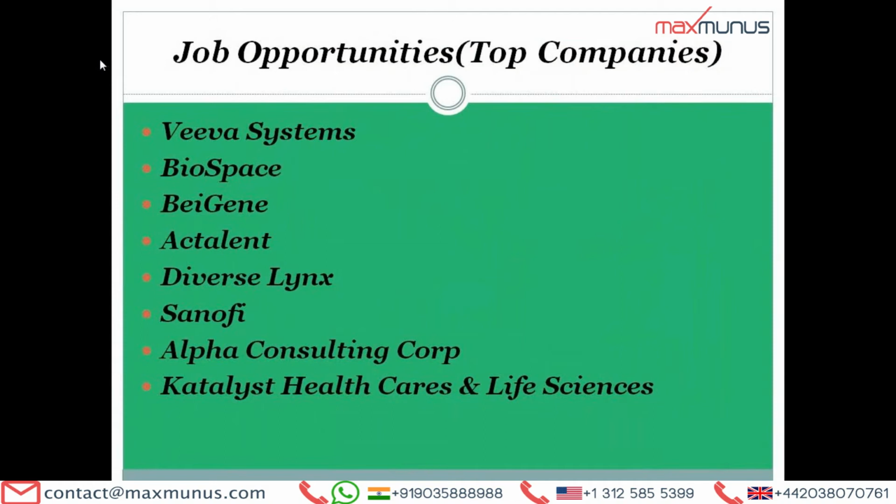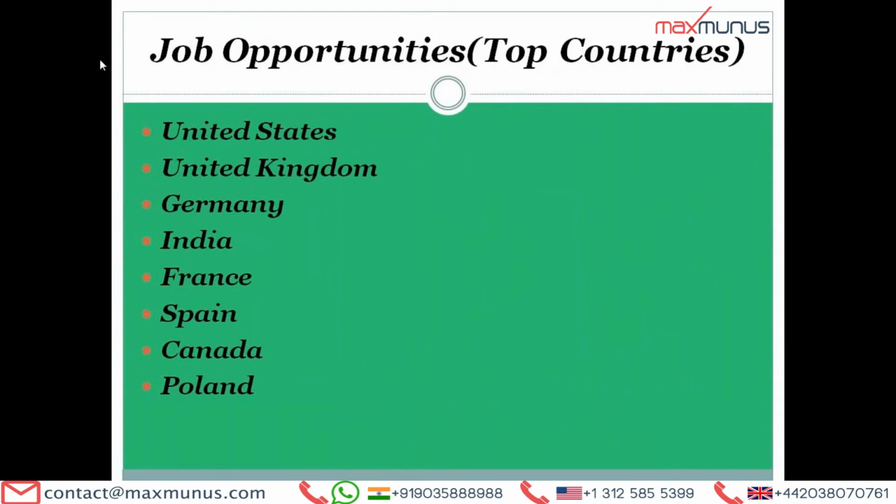We have already gone through all these top companies' names in Naukri, Dice, as well as in LinkedIn. And these are the names of the top countries we already got to see from all these three job portals.